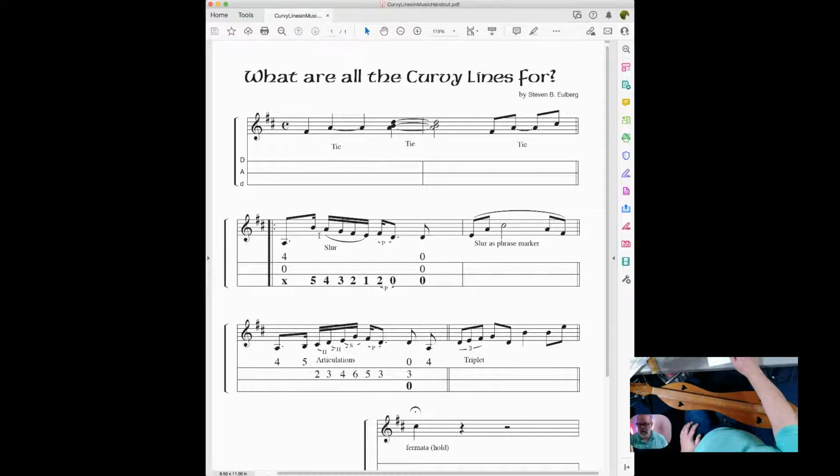This is a slur, which says these all go together, and they are to be articulated. La, da, da, la, da, da, da, la, da, da, da, da, da. This example is one where the slur is used as a phrase marker to say, even though we stop here, da, da, da, da, da, da, da.